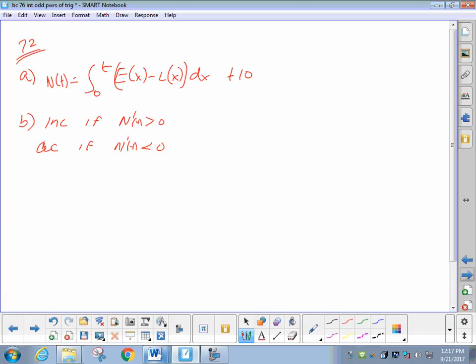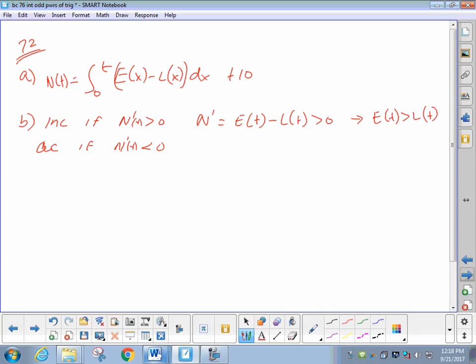And that'll work. What is n prime? E of t minus L of t. So greater than 0, doesn't that get you to common sense land eventually, which is to say the number of people will be increasing if the rate at which they enter is greater than the rate at which they leave. Common sense. Okay?